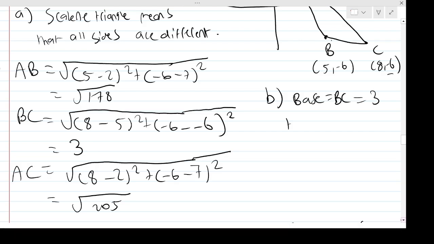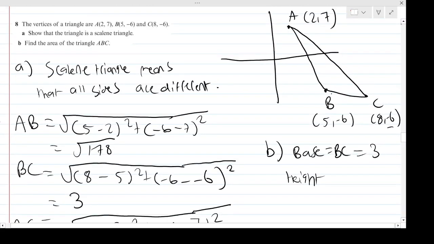Then the height, which is the perpendicular or the vertical height. Now it's not going to be this here. That's not going to be the vertical height. The vertical height is completely straight. This will be a slanted height. As you can see, AB is like a slanted line.